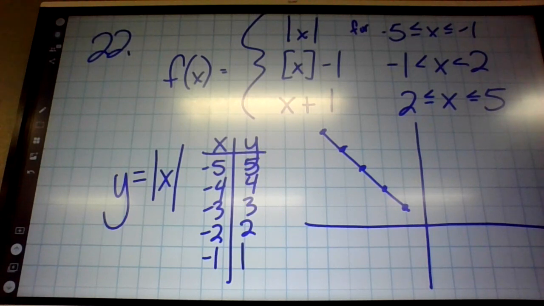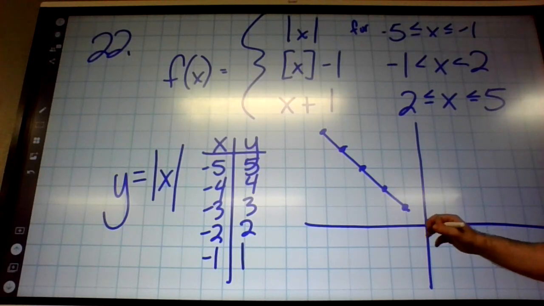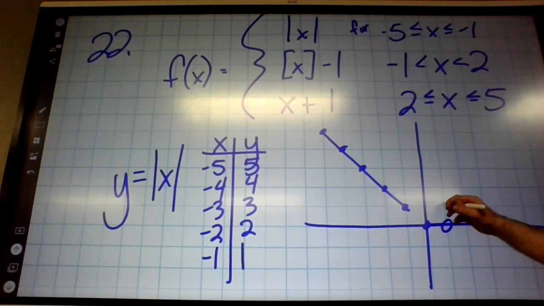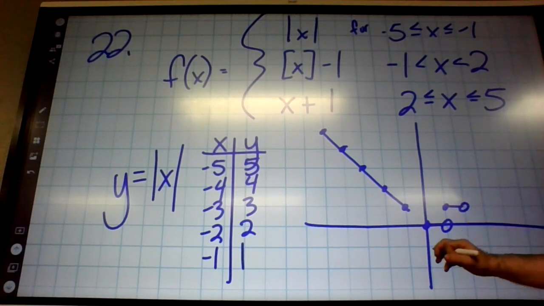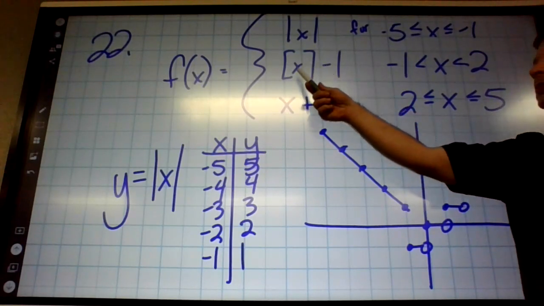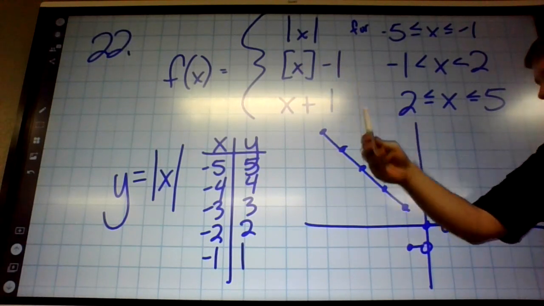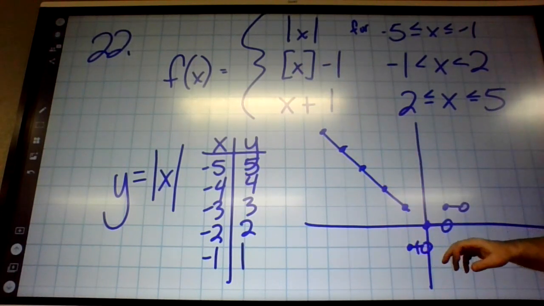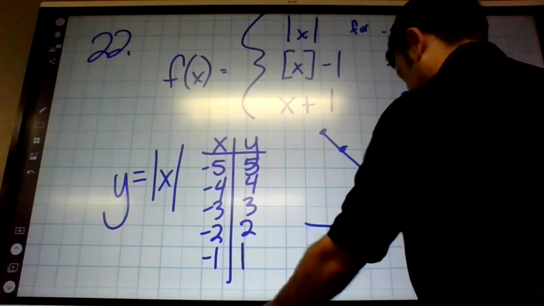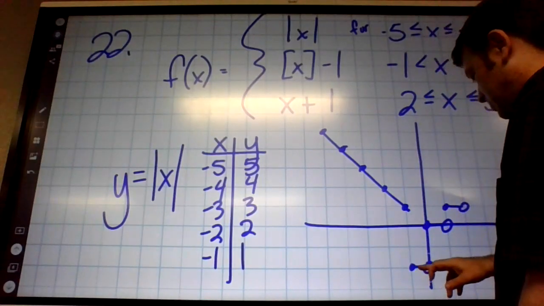Don't copy this down because what I'm about to draw is wrong. But if you look back on page 83, they have a picture of these stair step things. That's what the greatest integer function looks like. But what's the -1 going to do to it? Down.